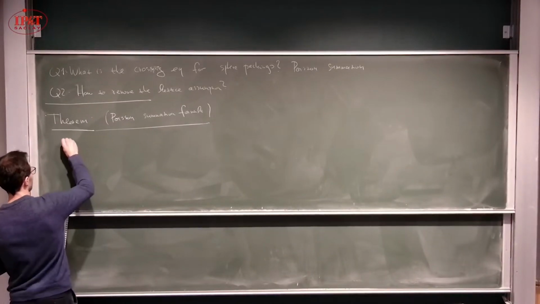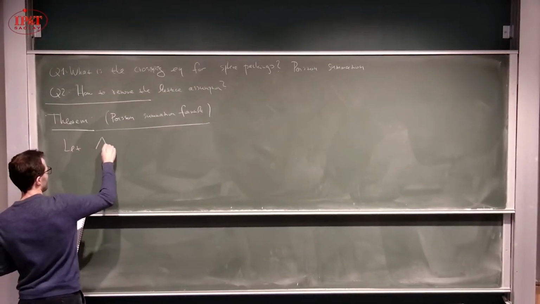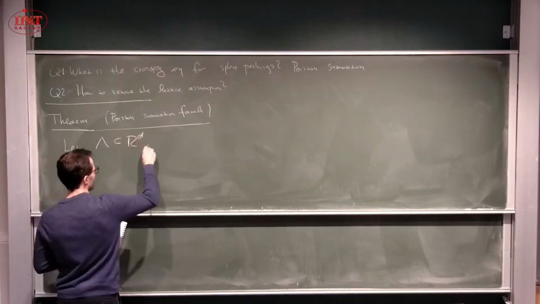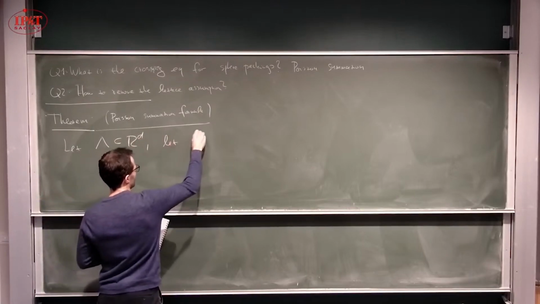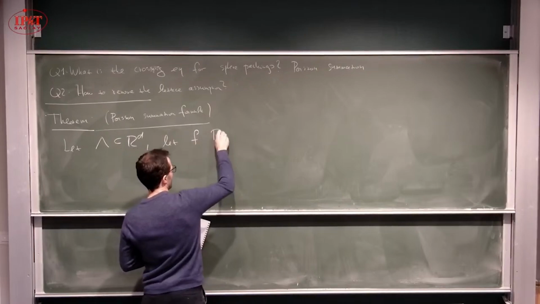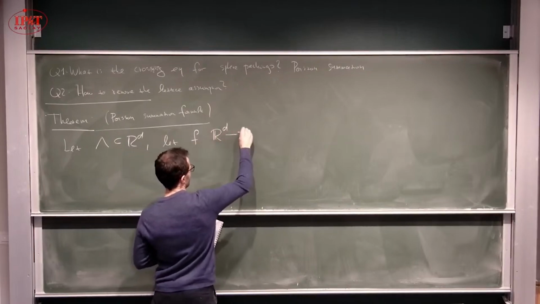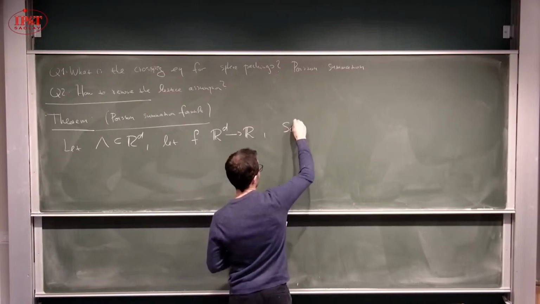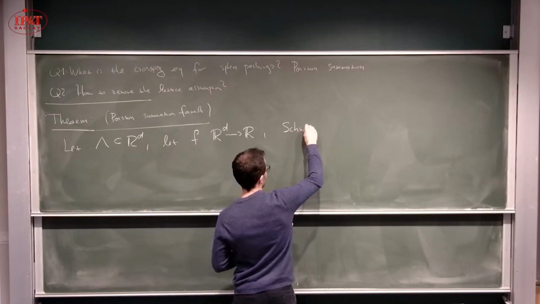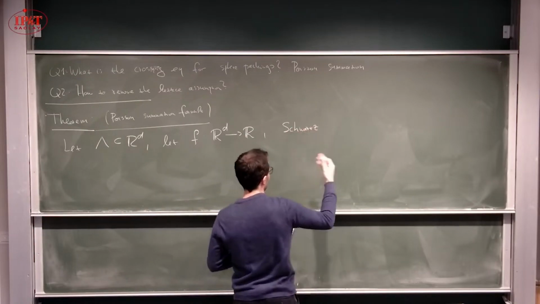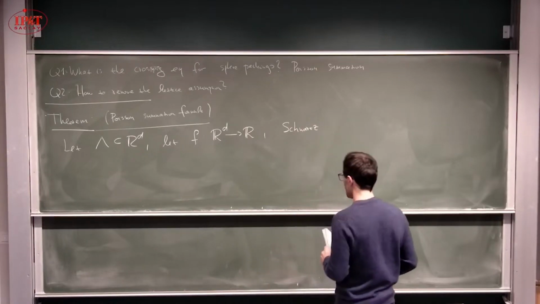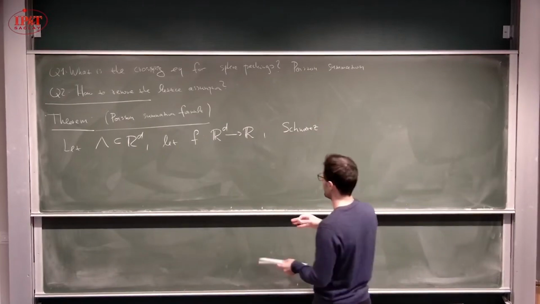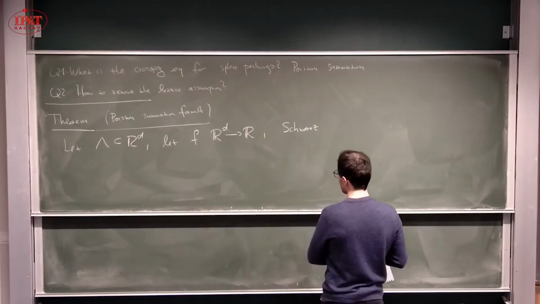So let Lambda be a lattice, and let f be a function of rapid decay. The technical term that's most suitable for this formulation is Schwartz function. These are functions which have all derivatives, and all of their derivatives decay faster than any inverse power of the radius. So all derivatives decay very, very fast at infinity.